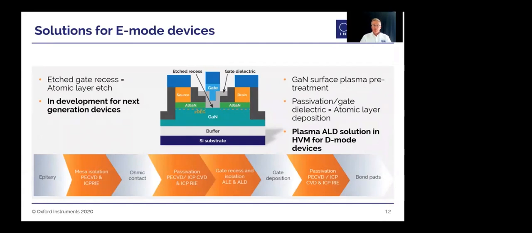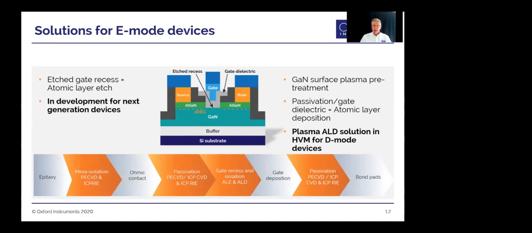So there are various processes you can do. PECVD for the isolation and passivation, and then the gate recess can be done by atomic layer etching, which is a very new, very exciting technology, but also a very controlled process.